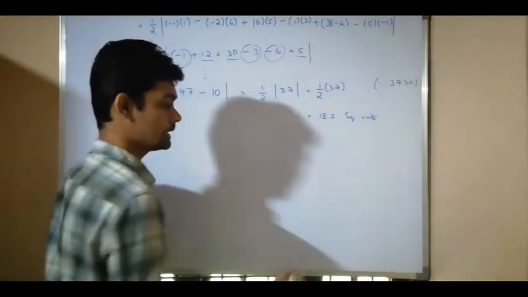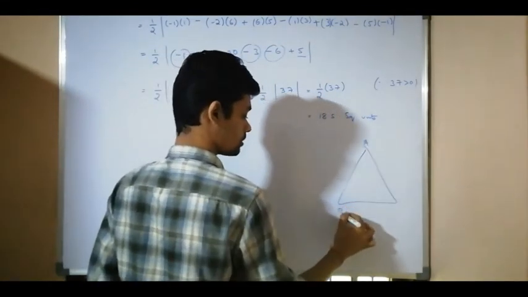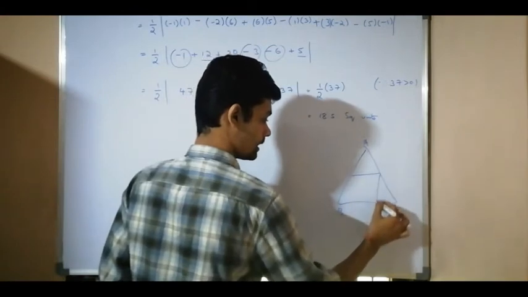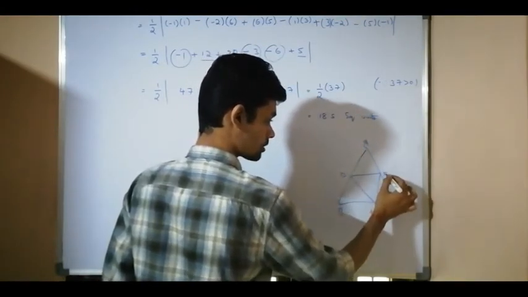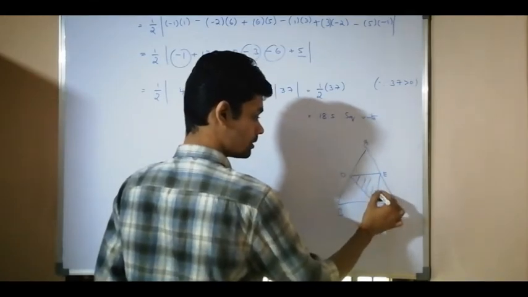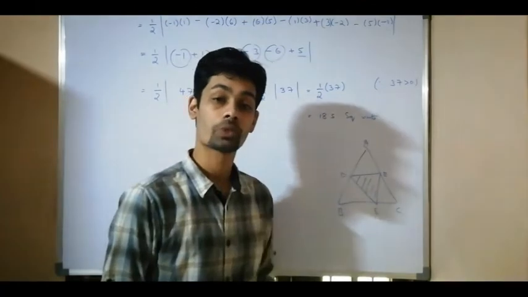Now, this is the triangle ABC and this is the triangle DEF. We got the area of this triangle, but the question is what is the area of ABC?